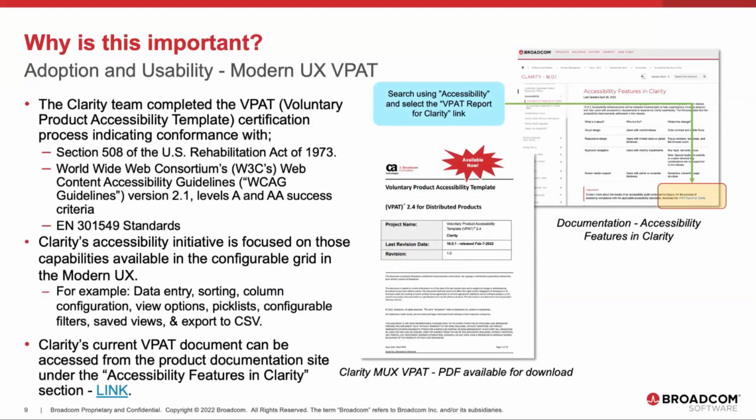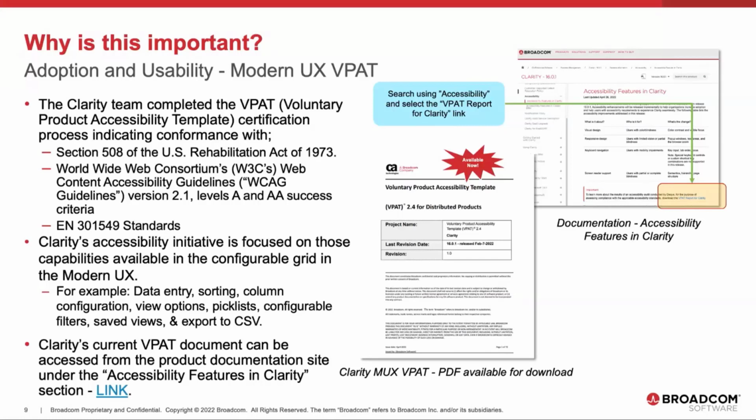Now, this VPAT indicates our conformance with Section 508, WCAG, specifically 2.1, level A and double A, and the EN 301 549 standards. So we're very happy to announce the availability of this document for you to share within your organizations.